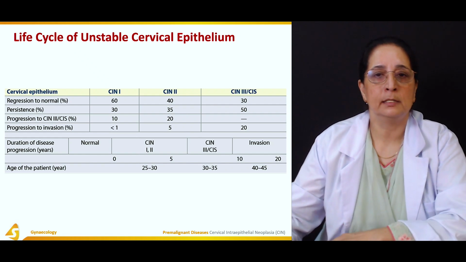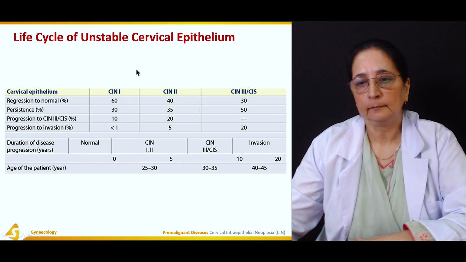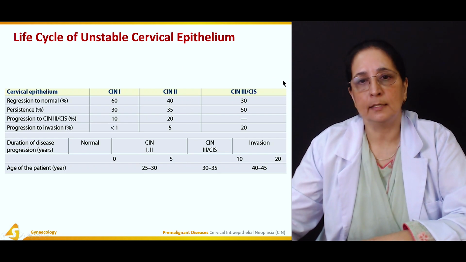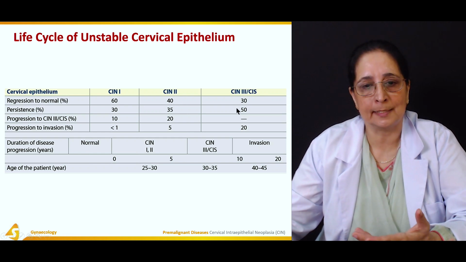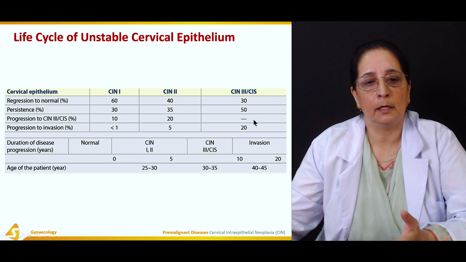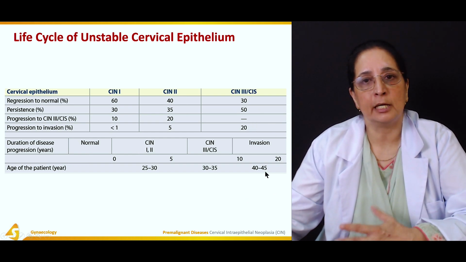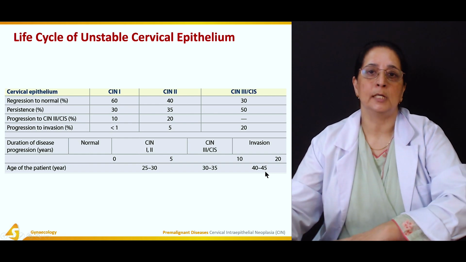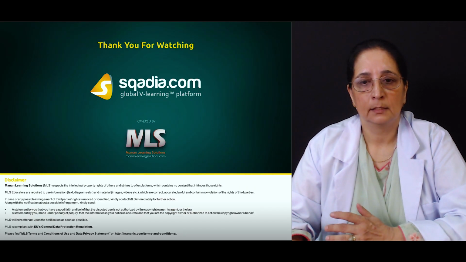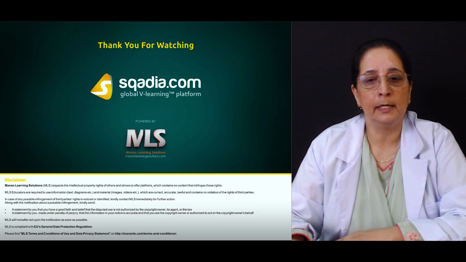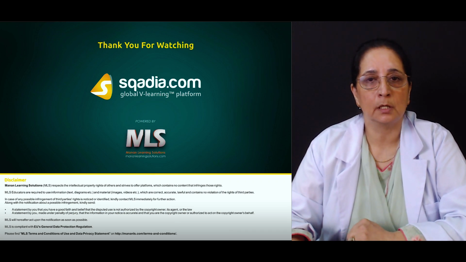So this was the life cycle of unstable cervical epithelium. In type 3, there is more chance that it can persist or progress to invasive cancer, and the age at which it is present is about 40 to 45 years. So that was all about cervical intraepithelial neoplasia. Thank you for watching sqadia.com.